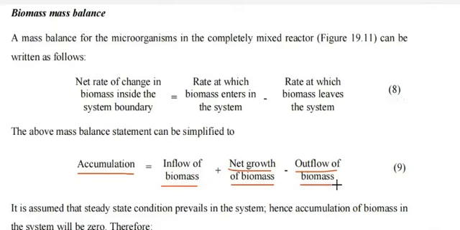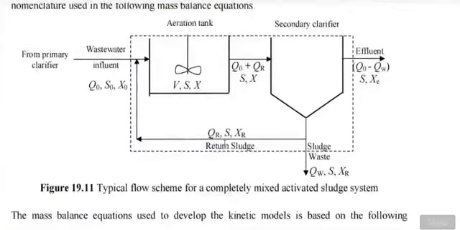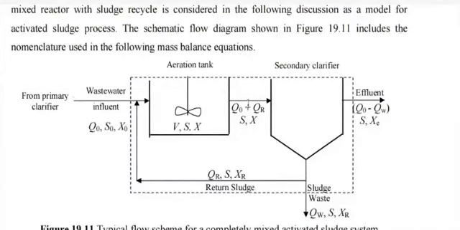What do you mean by accumulation? It means the inflow of the biomass, plus there is the generation of the cell, minus the output of the biomass. You see the diagram. Here, this is the inflow. This is the outflow. And there is some accumulation taking place.